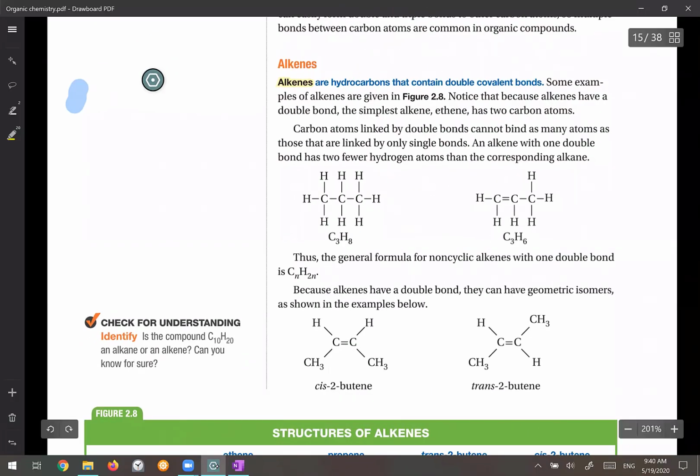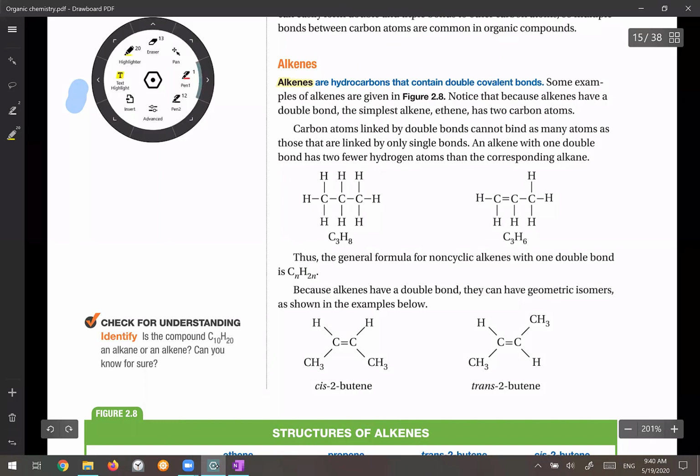But I want to talk about their isomers. Look at the two molecules that we have here. As we said, when we have a double bond, we can have geometric isomers. So we have to look at the groups connected to the double bond.